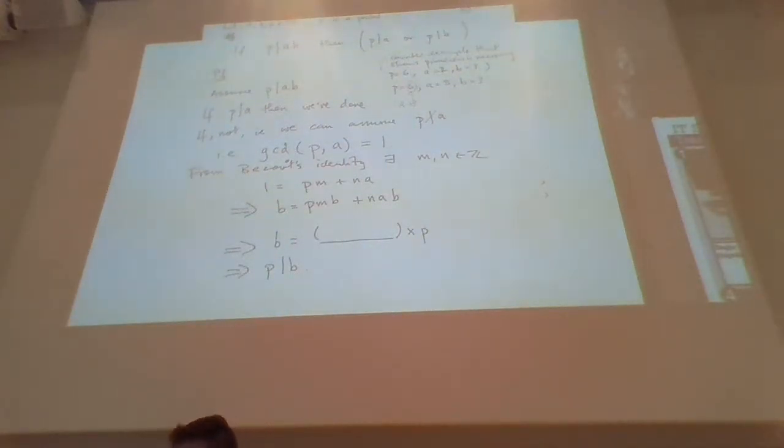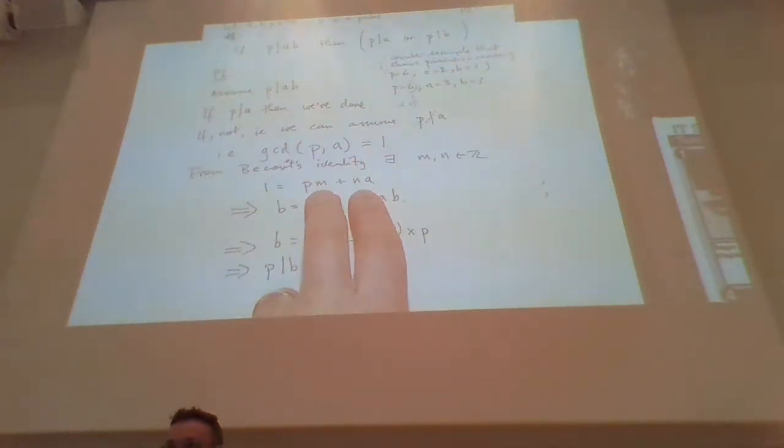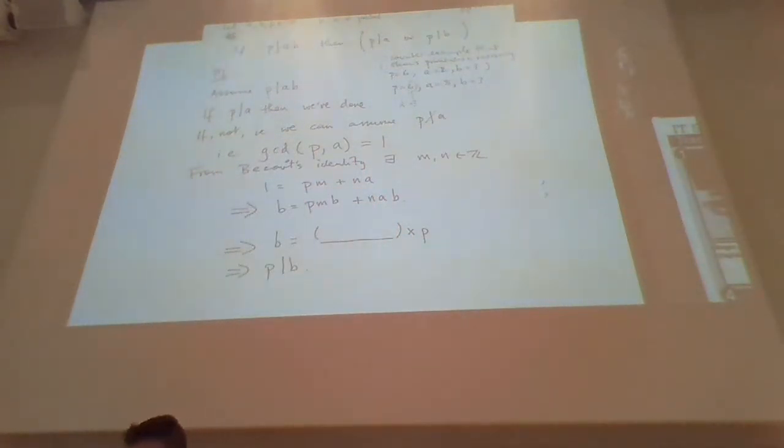We also proved it in Theorem 2.3. Theorem 2.3 said if the GCD, whatever the GCD of the pair is, there will be a linear combination of that pair equal to the GCD.